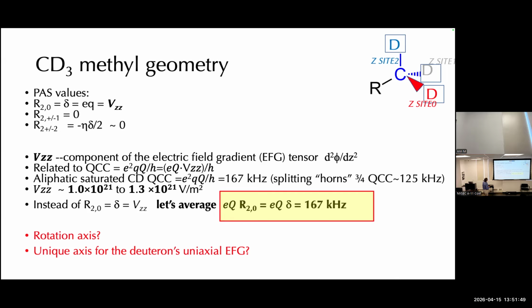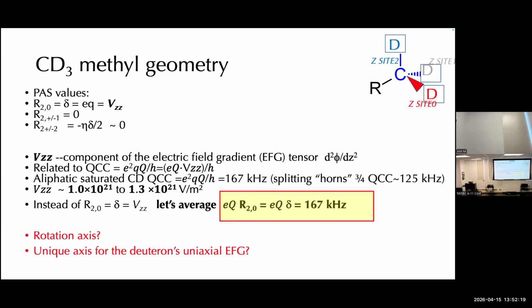So I suggest instead of R20 being delta, let's work with R20 scaled by eQ, so we get something with kilohertz units. I don't like talking about 10 to the 21 volts per meter squared. So with all due respect to Hans Spiess, we're just going to use a different spatial tensor. It's like taking part of that constant in front of our Hamiltonian and shoving it into the spatial part.